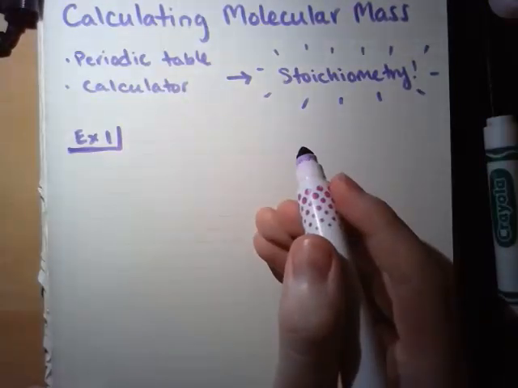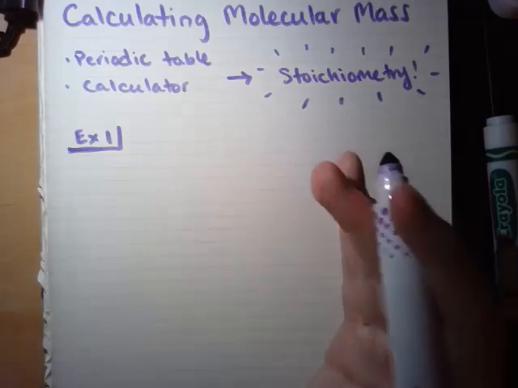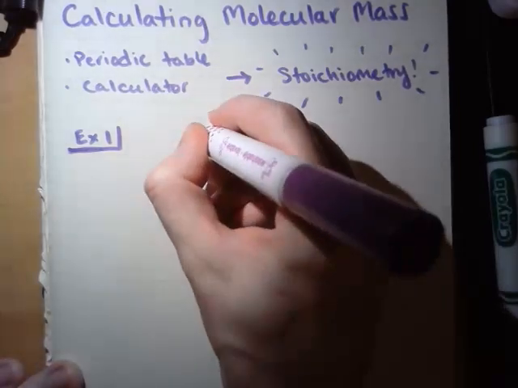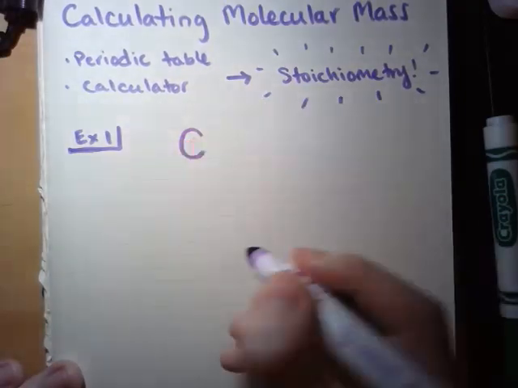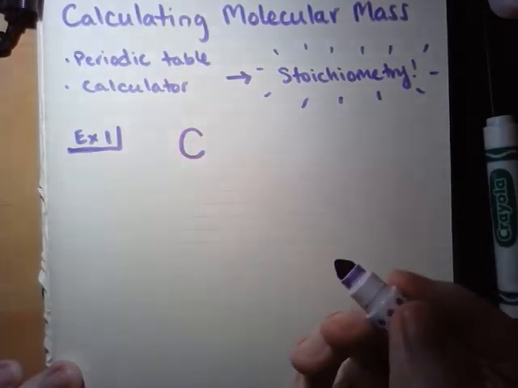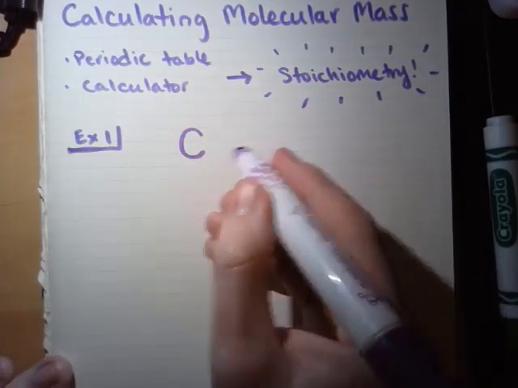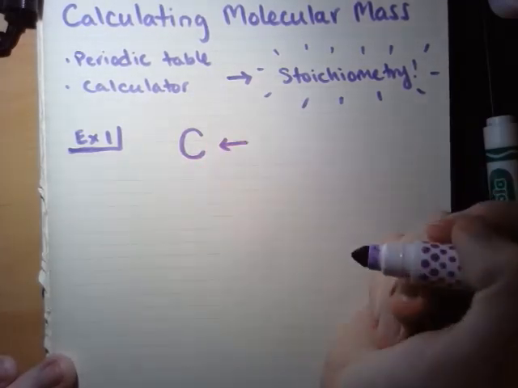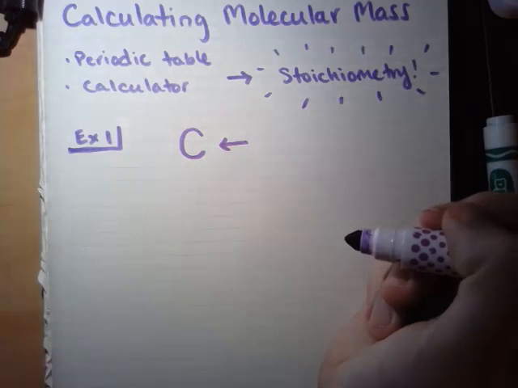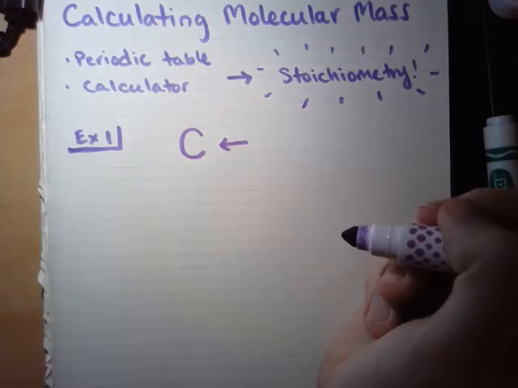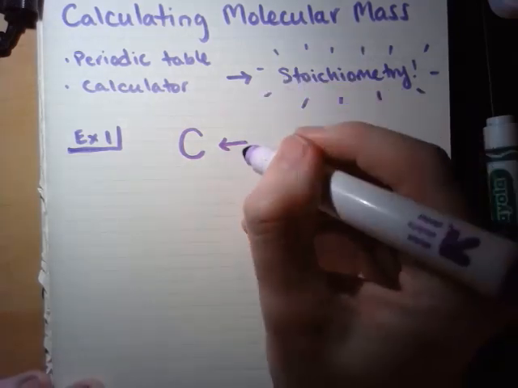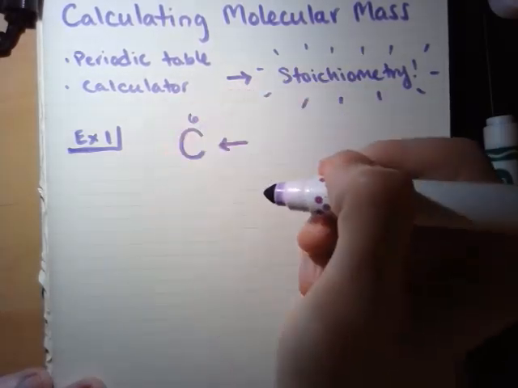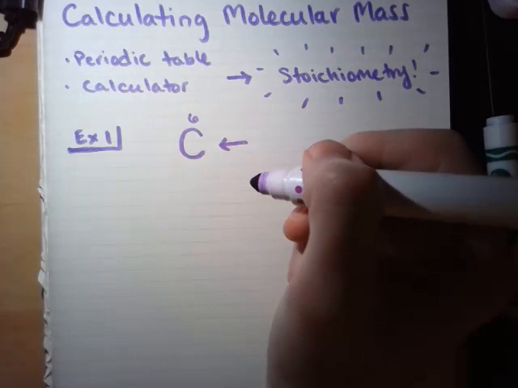So how do we know what the mass of an element is? If we want to know the mass of any element, say carbon, all we have to do is look it up in our periodic table. If you look at your periodic table, there are a couple of really important numbers. Carbon is the number 6 element: hydrogen, helium, lithium, beryllium, boron, carbon.